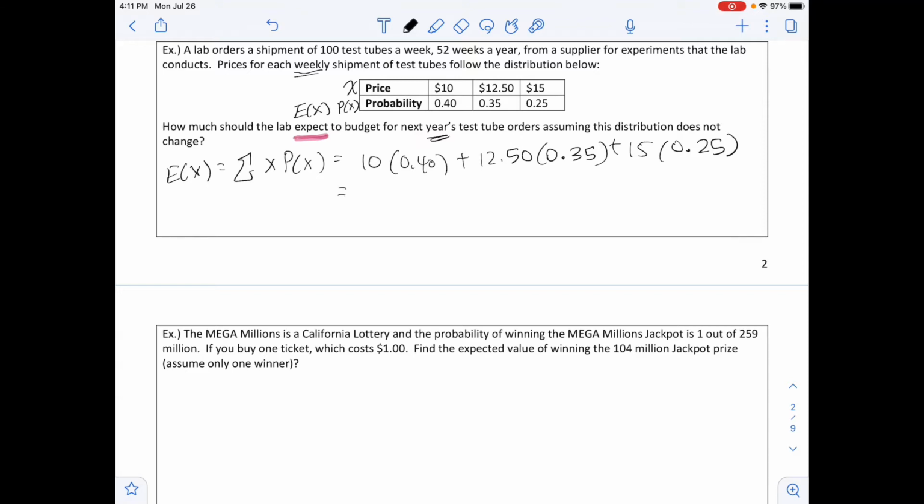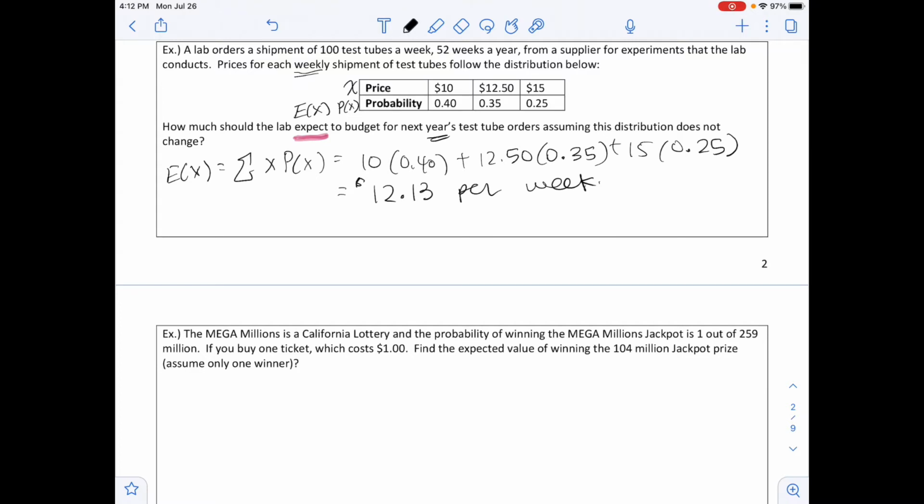And when you work this out, we get a value of, and I'm going to round to 2 decimal places since we are dealing with money, we would expect to spend about $12.13 per week.